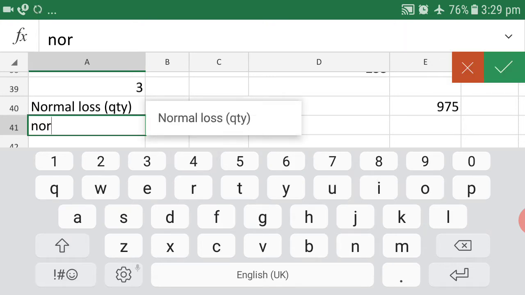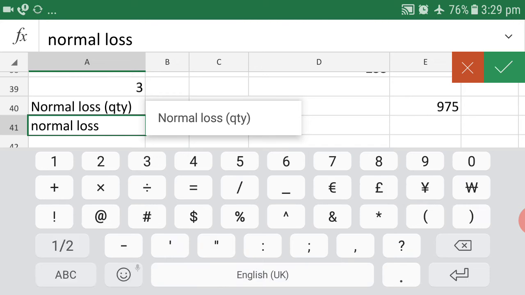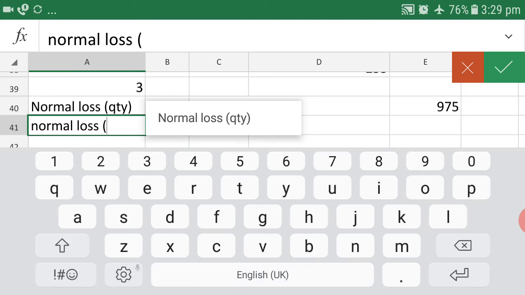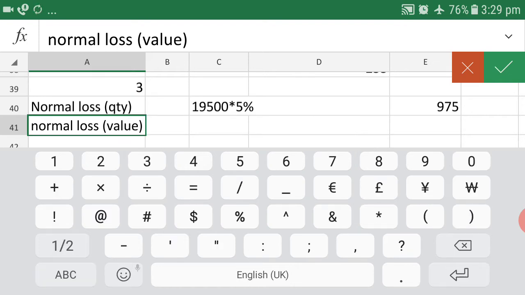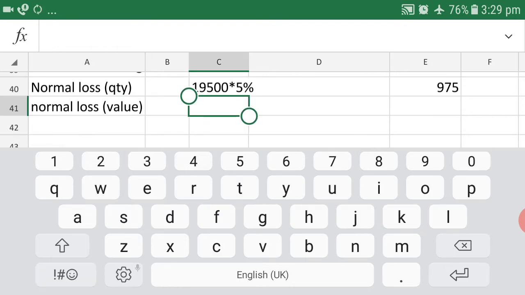Normal loss in value. How will we calculate normal loss in value? Come to our question. You can see the scrap value of normal loss. See the process 2 heading, rupees 5 per 100 units. So for 100 units it is 5 rupees.